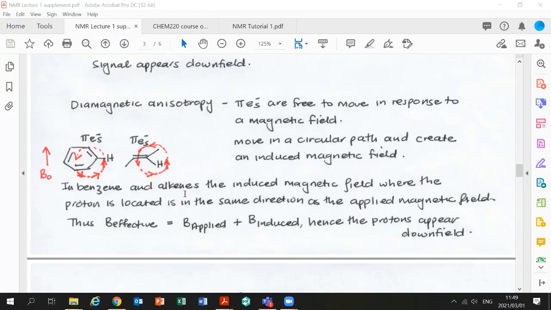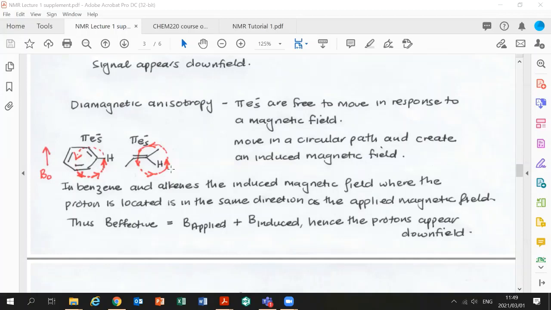So in benzene and alkenes, the induced magnetic field where the proton is located, very importantly, because there are other protons like in porphyrin rings, where the proton is located somewhere here, which is against it. But in benzene and alkenes, the induced magnetic field where the proton is located is in the same direction as the applied magnetic field, pointing from south to north.